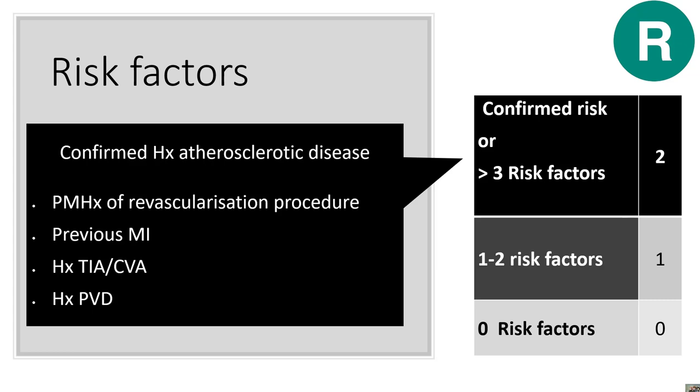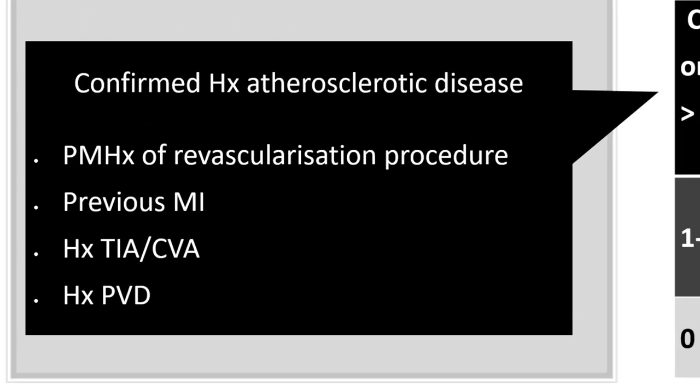Now we determine this when we take the medical history of the client, and it's going to reveal a medical event for which the etiology or causative factor is in fact some form of vessel disease. And this is going to include any of the following: a past medical history of revascularization procedures.